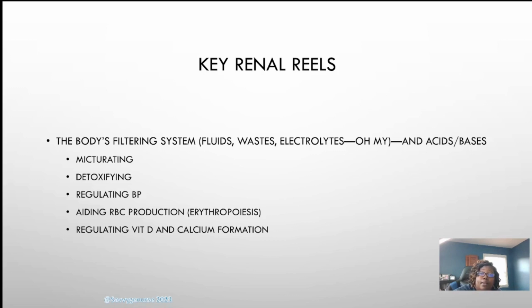You should know about the glomerulus network. You should know about the loop of Henle. So if those things are unfamiliar to you, then yes, this is the time to review.